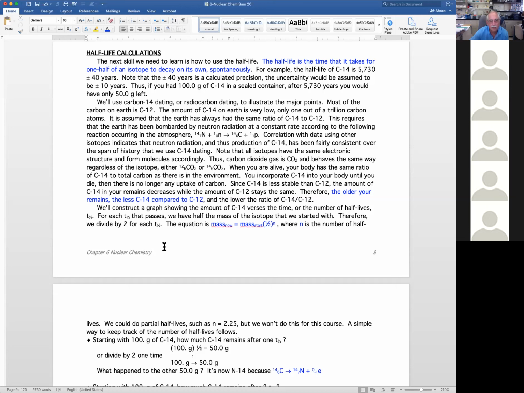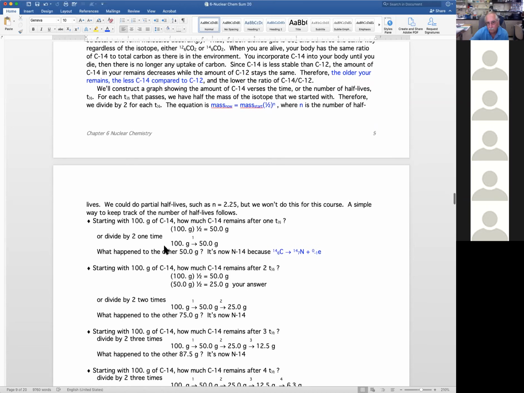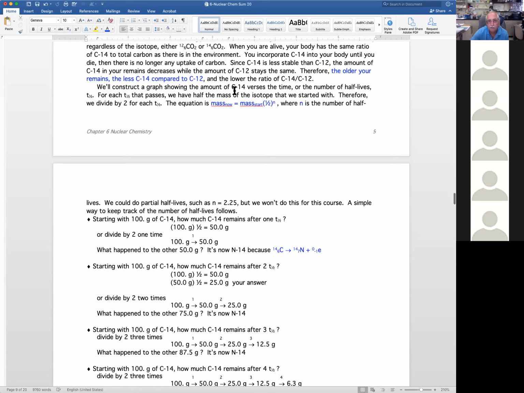So let's construct a graph showing the mass of carbon-14, how it diminishes over time. And for each half-life that passes, we're going to take the mass of the isotope that we started with and basically cut it in half. So for every half-life that goes by, we simply take the mass and divide by 2.